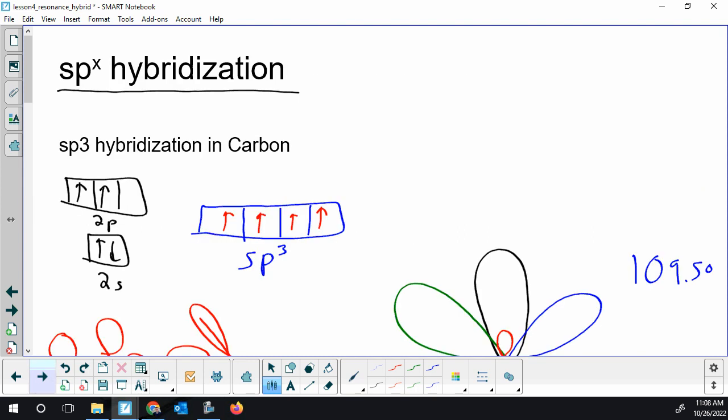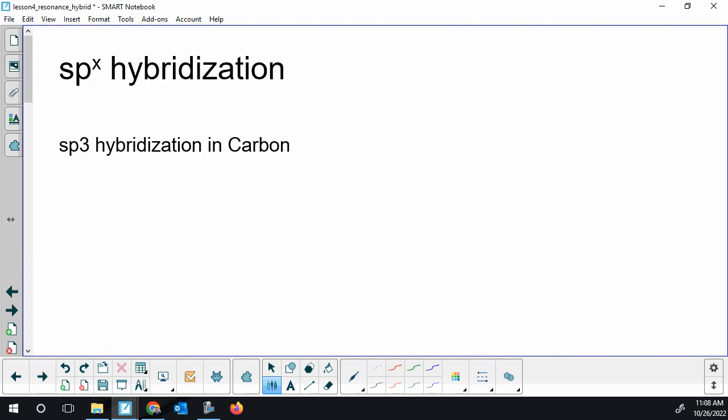So our first shape. Our theme is sp^x hybridization, where I'll do sp3, sp2, sp. Our first of the 3 topics, x is going to be 3. We're going to mix 4 orbitals in total. So I'm going to start with what we learned already.